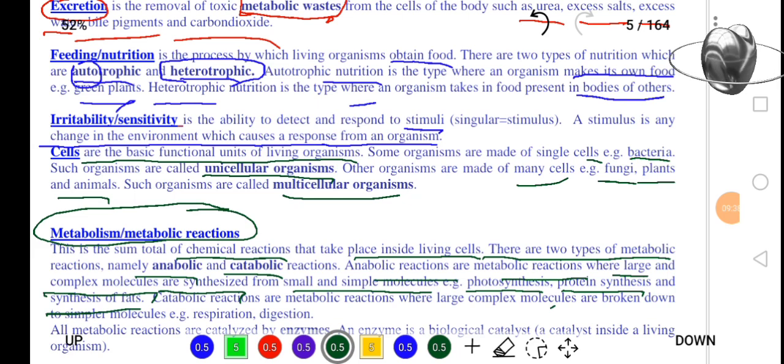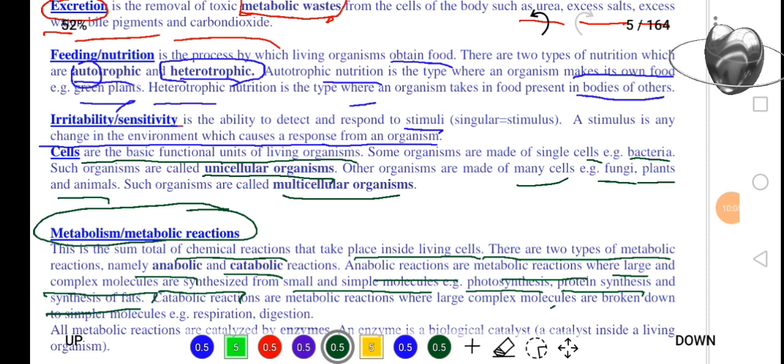Catabolic reactions now is the opposite of anabolic reactions, because now we are breaking down the large food molecules into simpler ones. For example, the process of digestion, we break down fats, for example, using enzymes and bile salts. We break down starch to glucose.